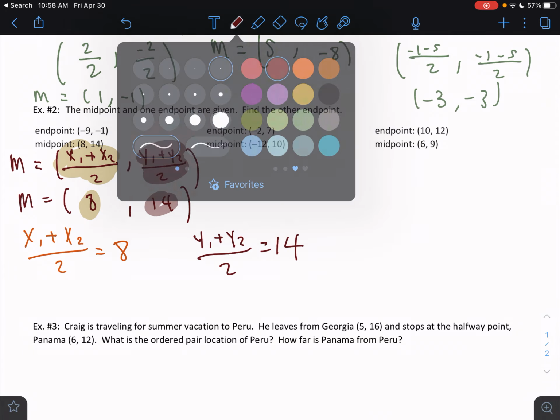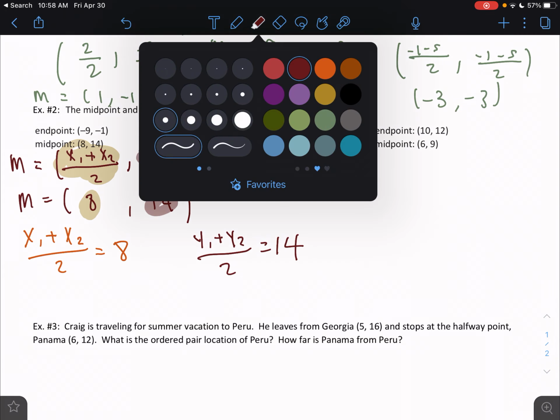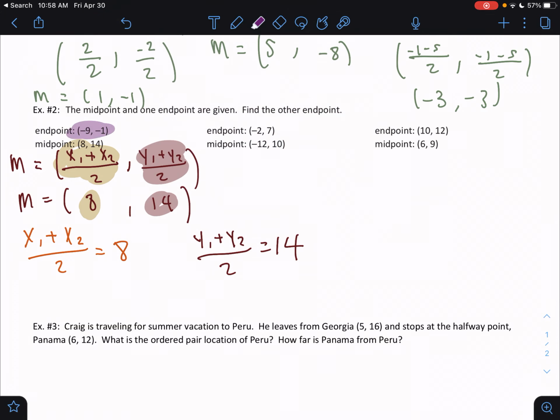Now we do have one thing. We have a point. We have an x1 and a y1. So we can replace our x1 and our y1 with that. So my x1 is -9, my y1 is -1.